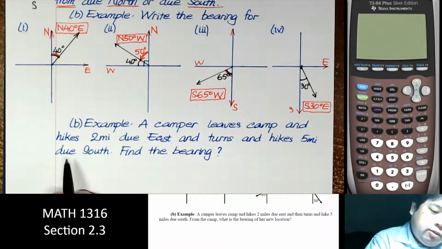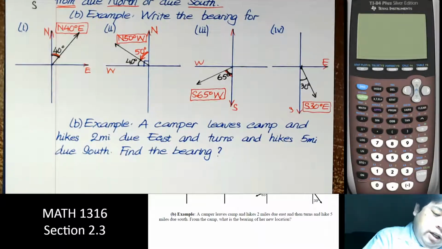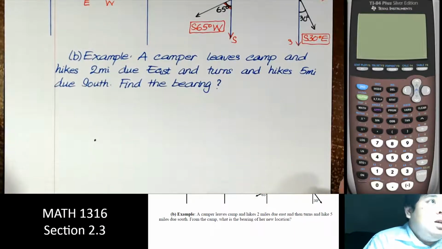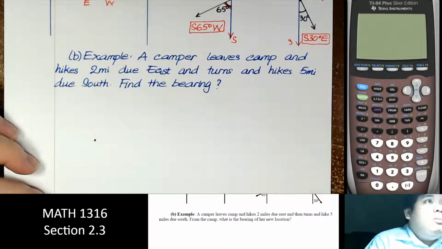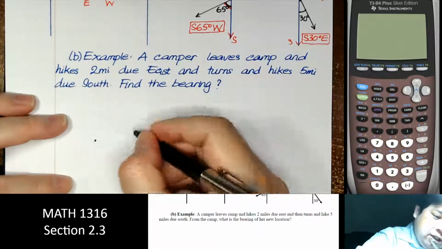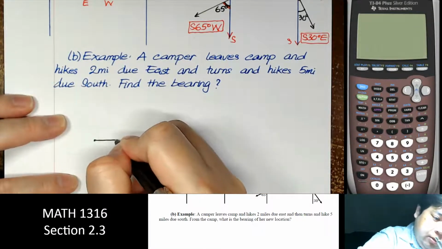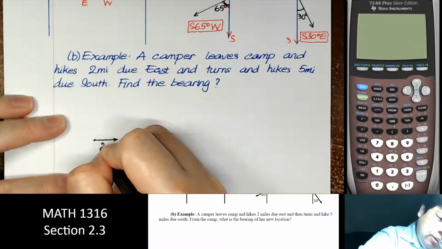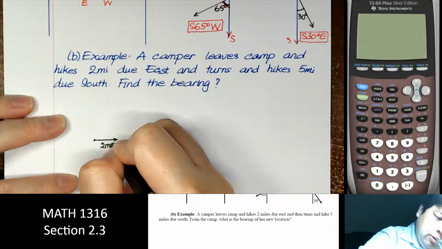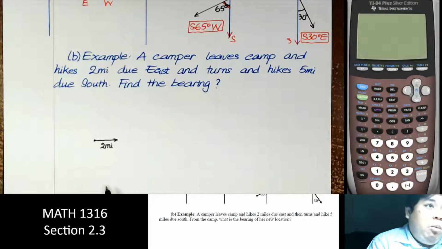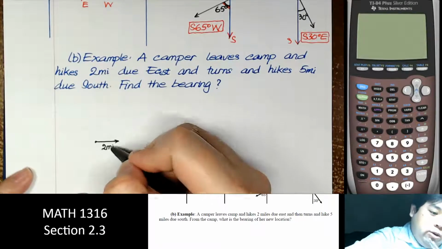So we start from the center here. First we'll hike 2 miles due east. And then turn and go 5 miles due south.